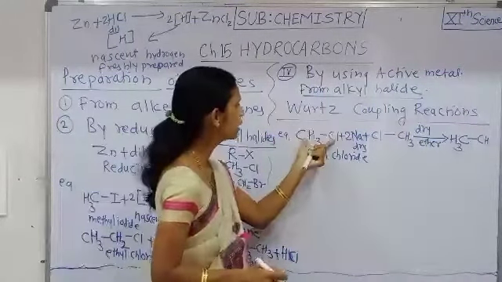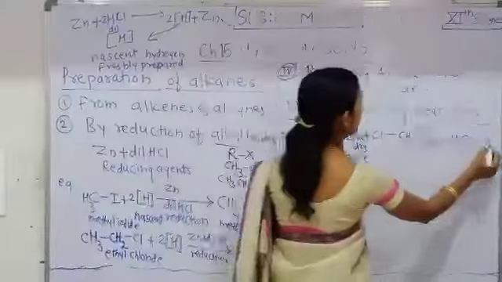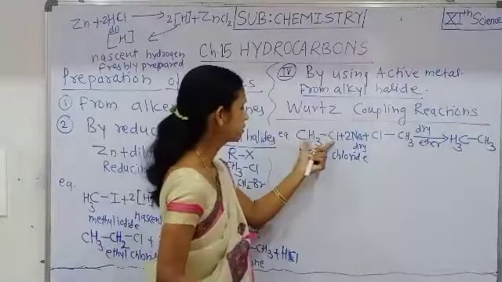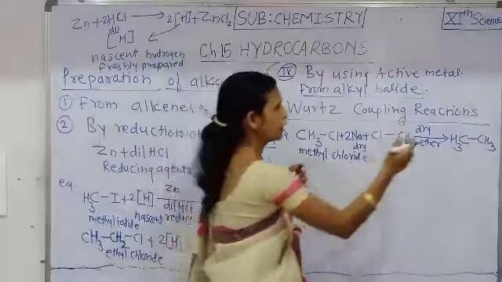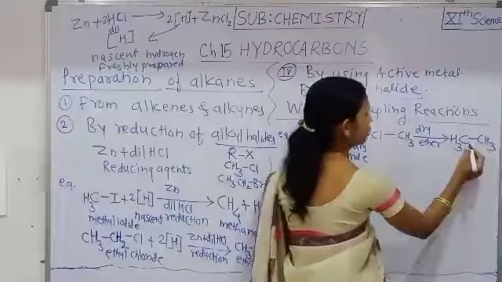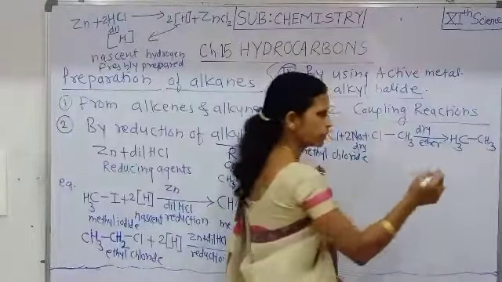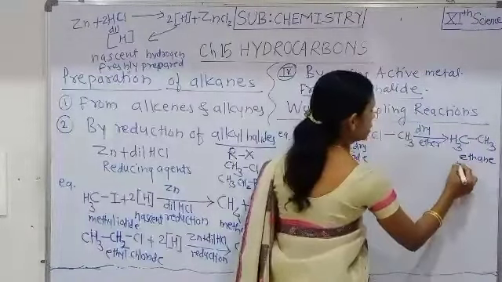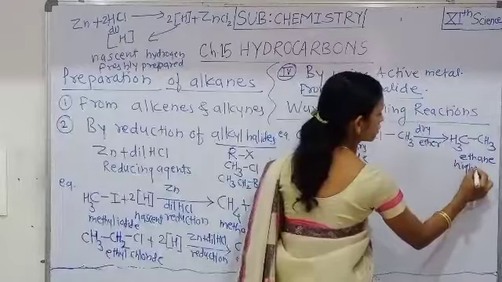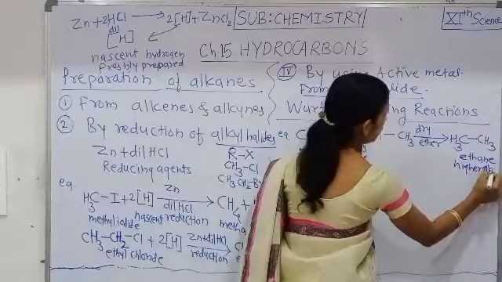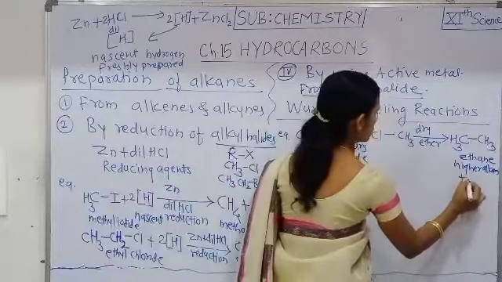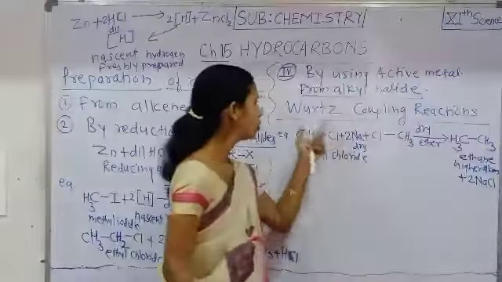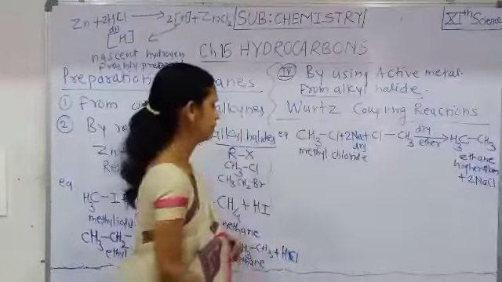In methyl chloride there is one carbon atom, but the alkane obtained contains 2 carbon atoms, that is ethane, a higher alkane, plus NaCl. That is the Wurtz coupling reaction.